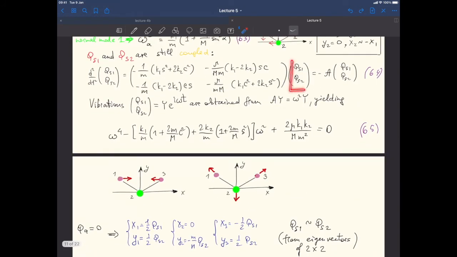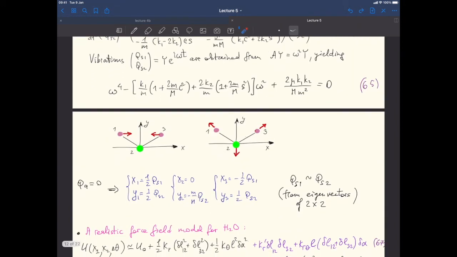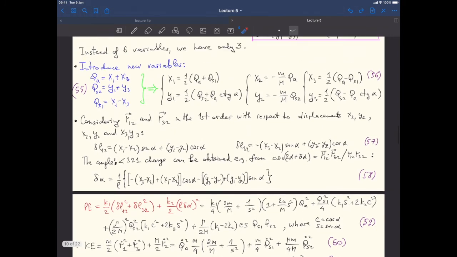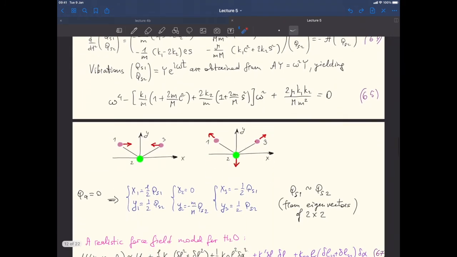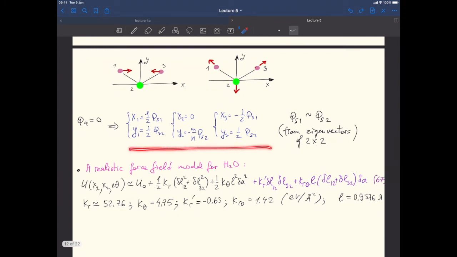When we look at the eigenvectors, of course, for each normal mode these two coordinates will be proportional to each other. And once we know how they are proportional, and the fact that QA is equal to 0, if we would like to investigate how atoms move for each of the normal modes, we will find from our previous relationships given here, in which we set QA equal to 0, how these coordinates depend on this QS1 and QS2.